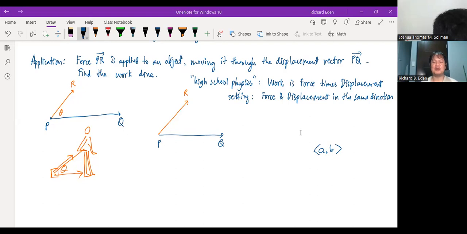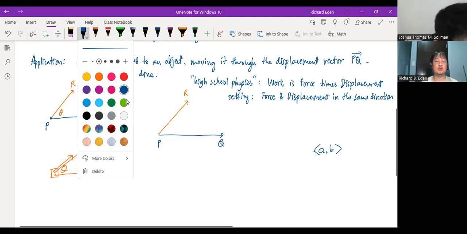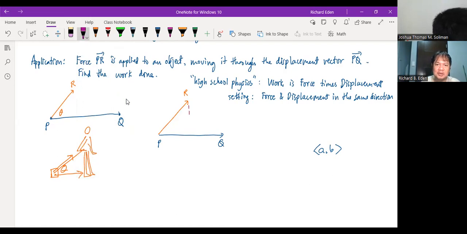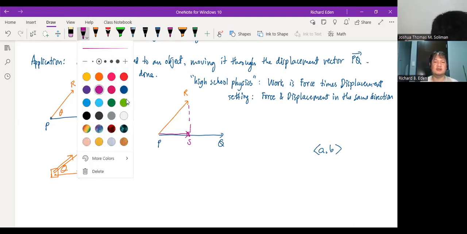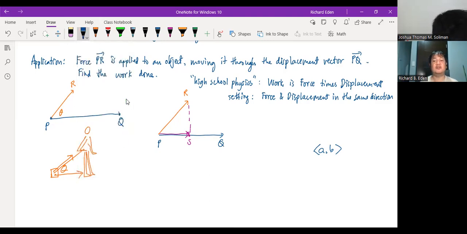What they do is just multiply the lengths, the magnitudes. And so what we need to use is actually the component of PR along PQ. So if you drop the perpendicular and let's say it meets PQ at S, then what we need is PS. So vector PS would be the effective force that we're going to be using because that's the component of the force in the direction of PQ.